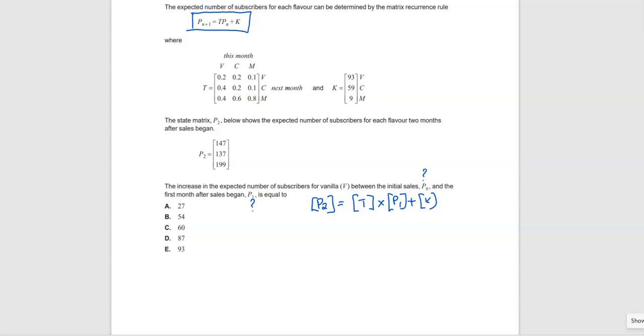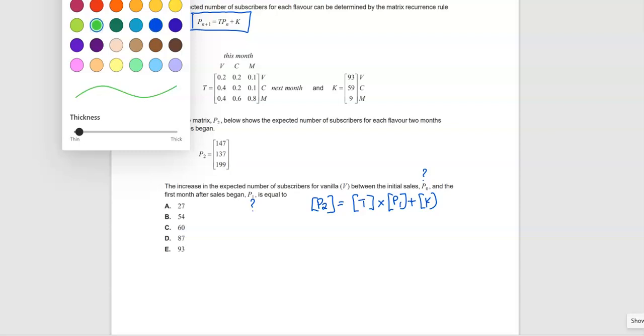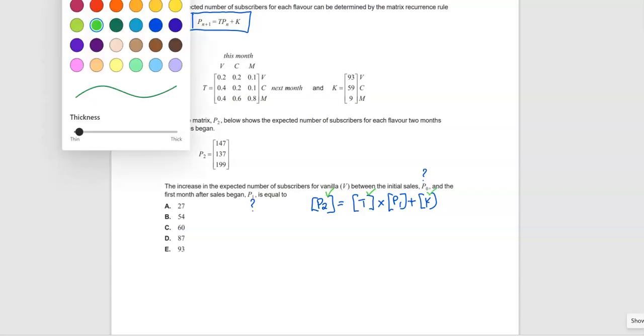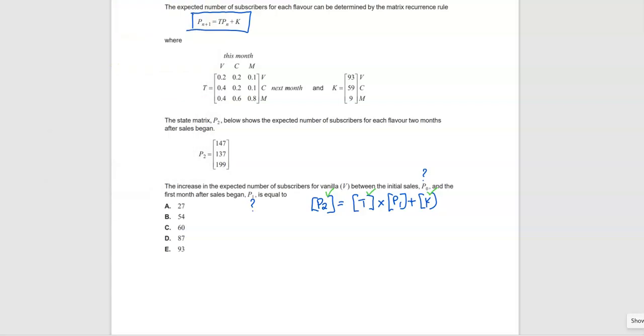So I could rearrange this so that we can find P1. What would move over first would be the K. Because it's adding here, it'd subtract. So you'd have P2 minus K. That would be the first thing you move.